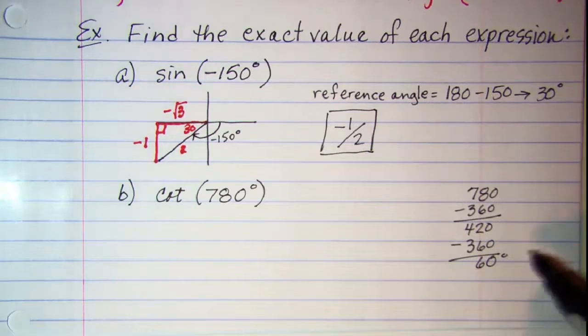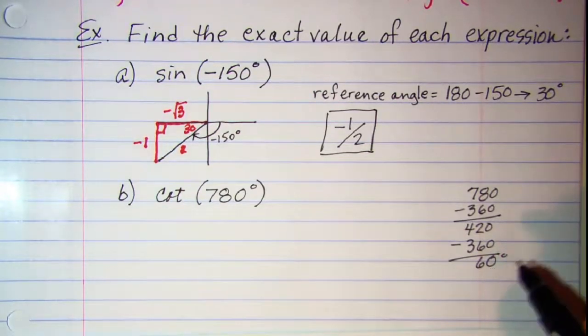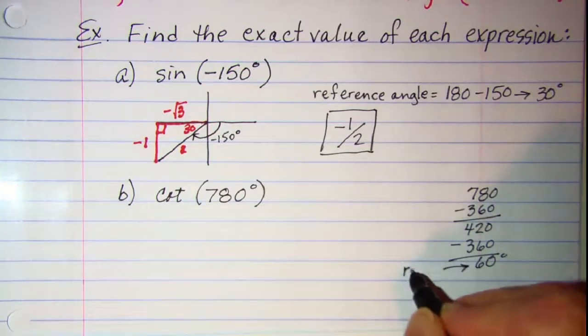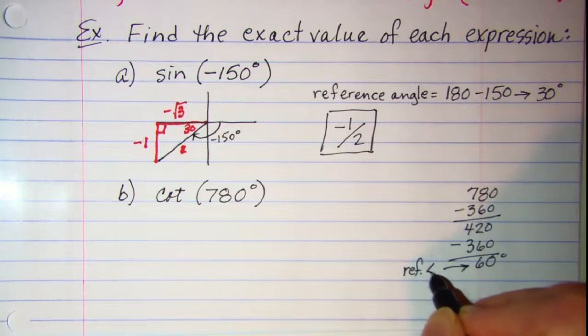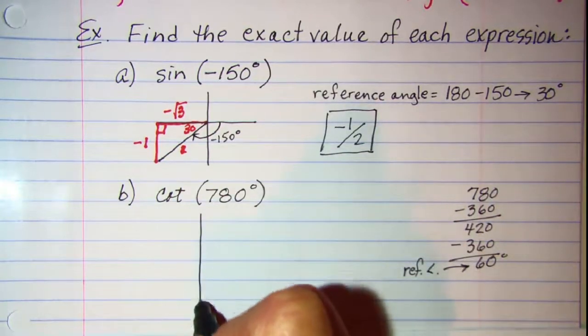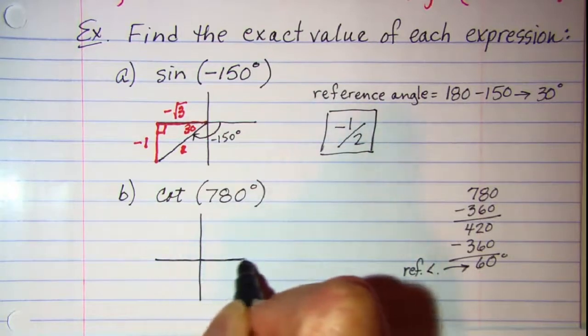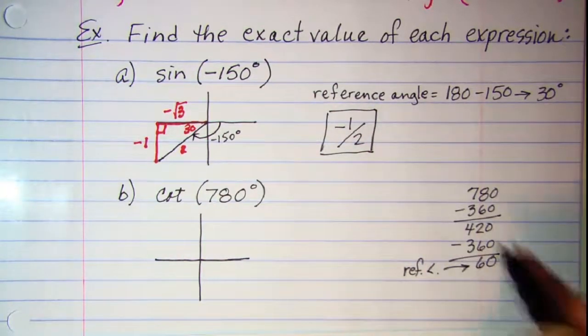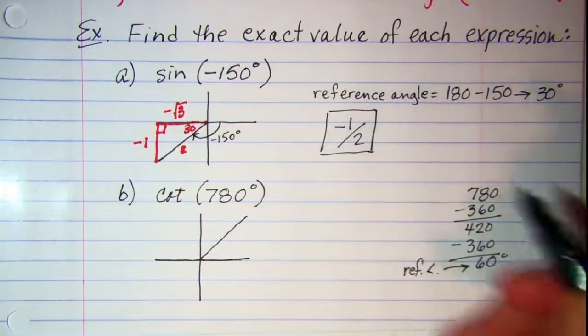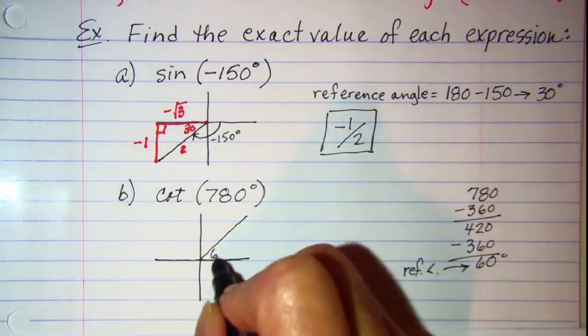So our reference angle is going to be 60 degrees. So we can draw a sketch of this. 60 degrees has its terminal side in quadrant 1. Our reference angle is 60.